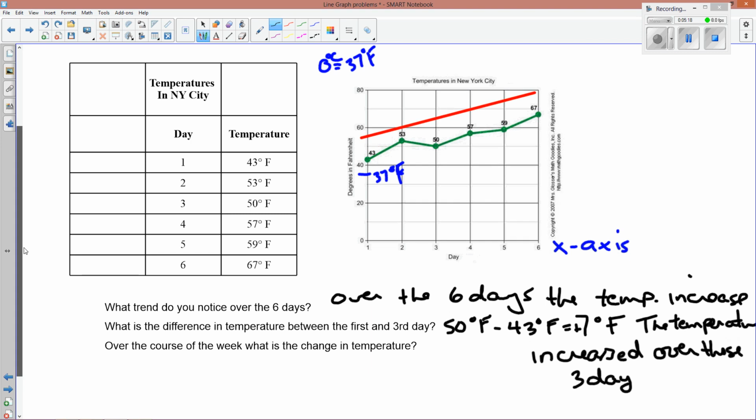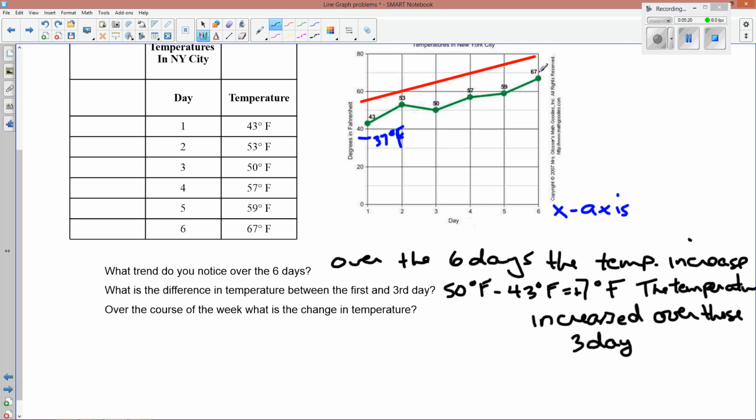And over the course of the week, what's the change in temperature? Similar question. In this case, we have 67 degrees Fahrenheit, and we take away 43 degrees Fahrenheit. The temperature increased 24 degrees Fahrenheit.